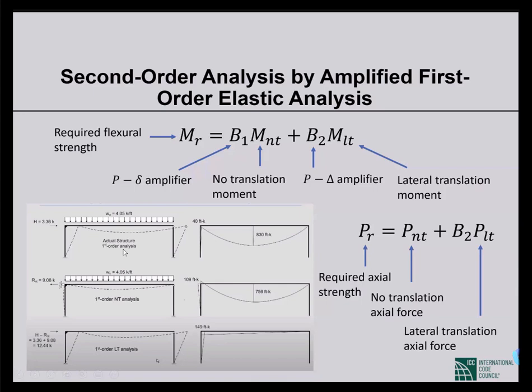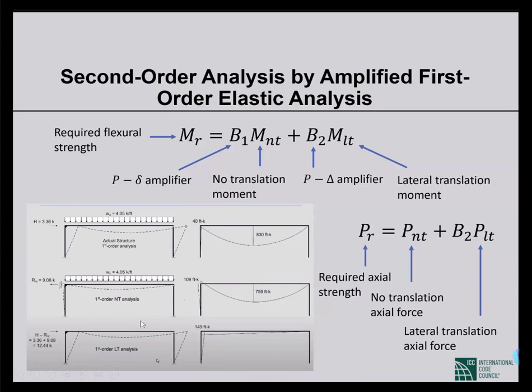While doing that analysis, there will be a reaction in this imaginary, fictitious support. We apply that reaction force along with the original lateral load H, together as lateral load, but this time with no vertical load.